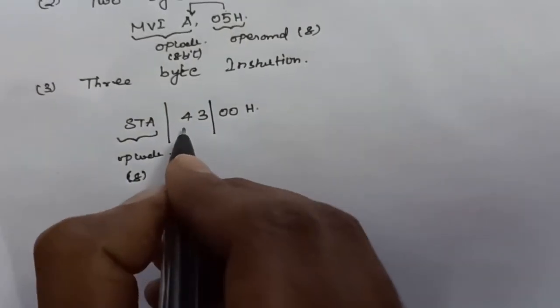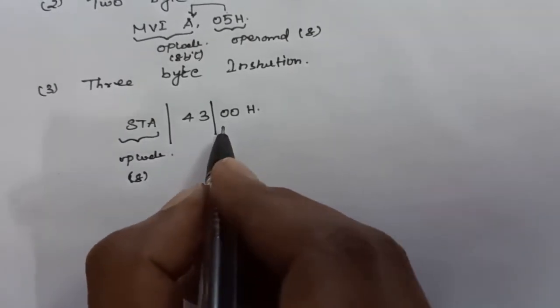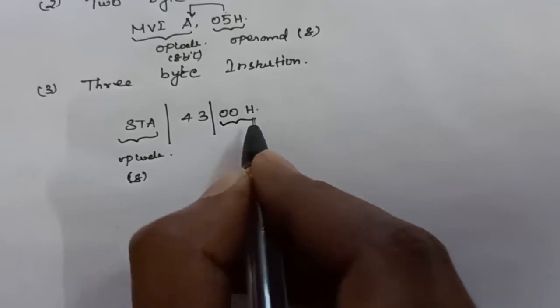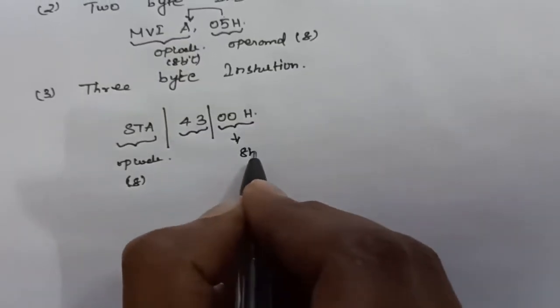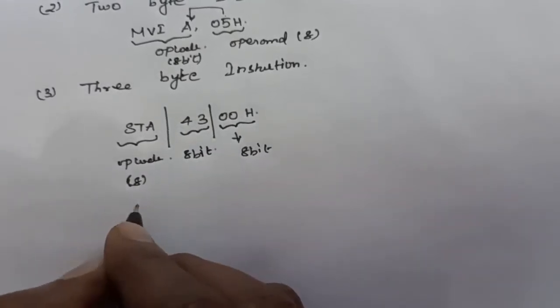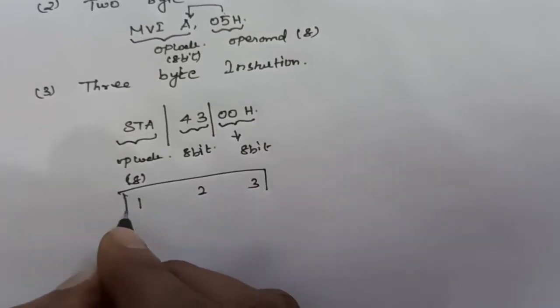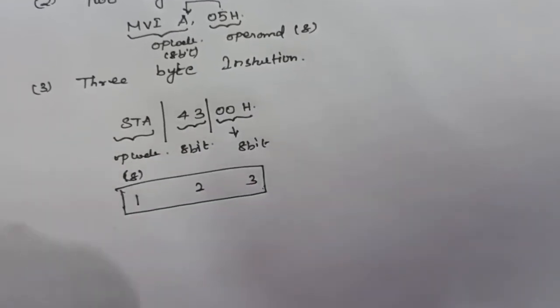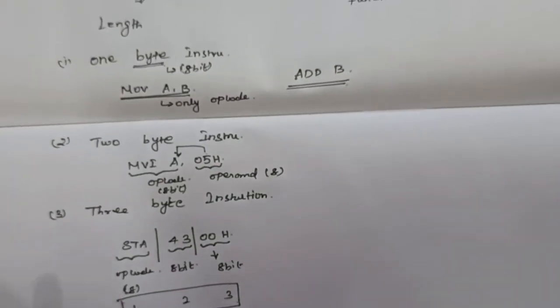Next one is a whole 16-bit address location. This address location we can split into lower order address and higher order address. Lower order value 8-bit, higher order value 8-bit. So totally 1, 2, 3, 3-byte instruction.